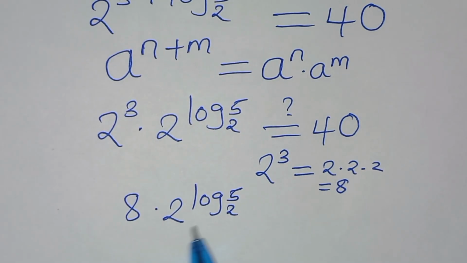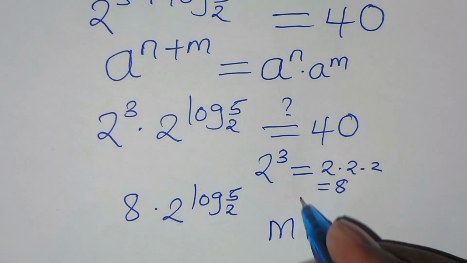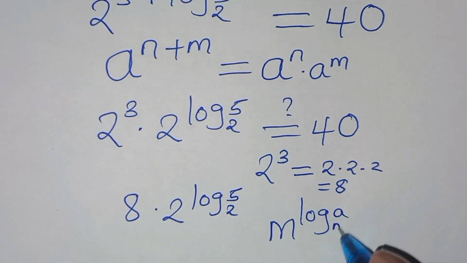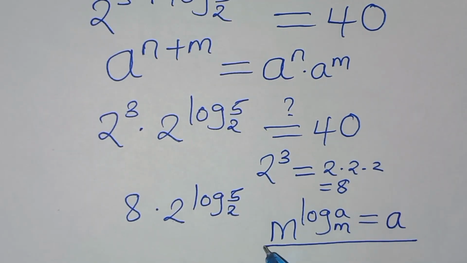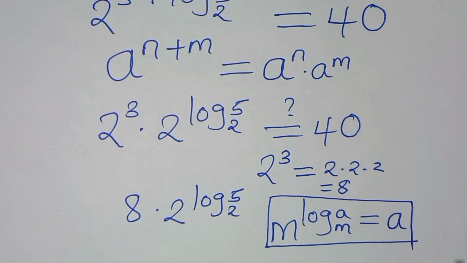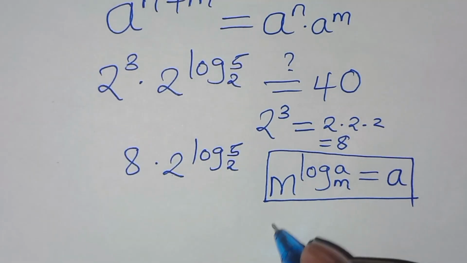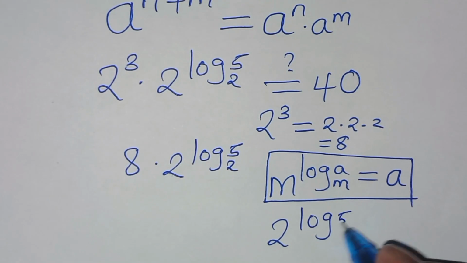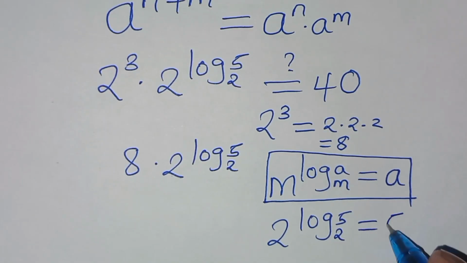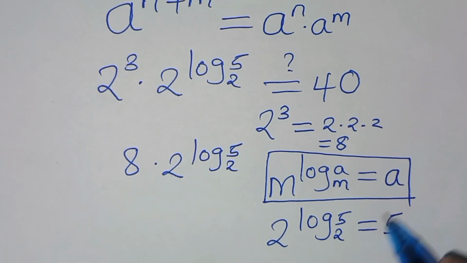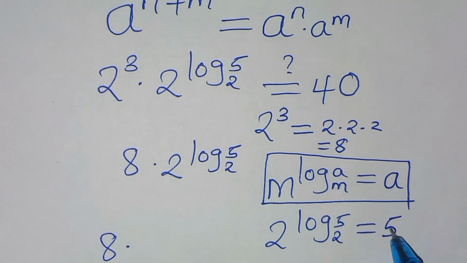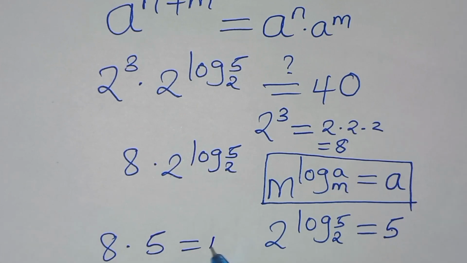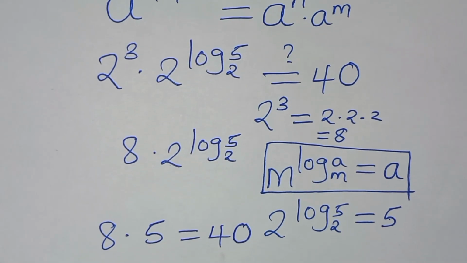The next step is that 2 to power log 5 to base 2 is in the form of m to power log a to base m, which we can express as a. So applying this logarithm property, 2 to power log 5 to base 2 will give us a value of 5. So let's substitute this. So here we have 8 multiplied by 5. This is supposed to give us a value of 40.